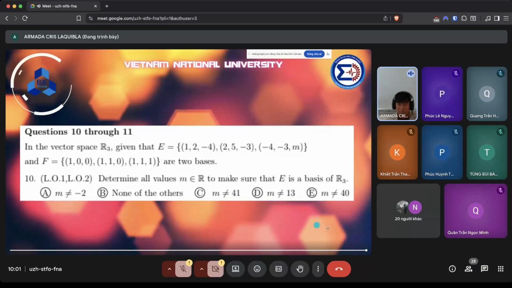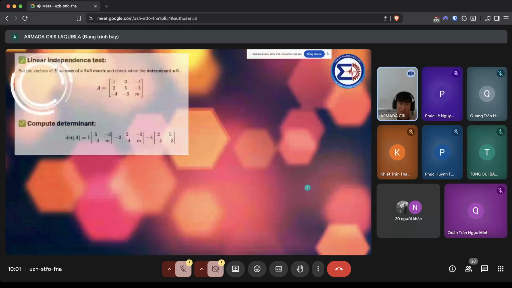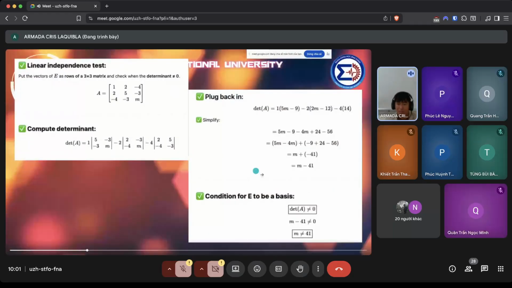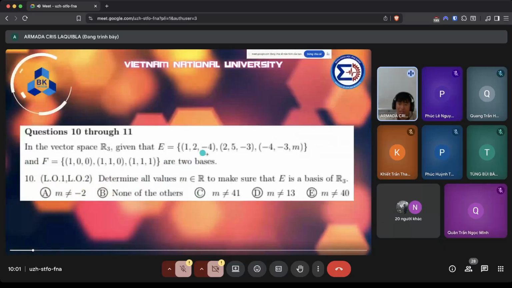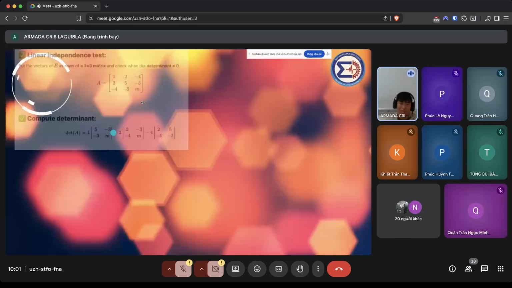So what to do there is, by the definition of the span, your determinant there should not be equal to 0. So arrange this 1, 2, 4 in the first column, 2, 5, negative 3 in the second column, and then negative 4, negative 3, m in the third column.